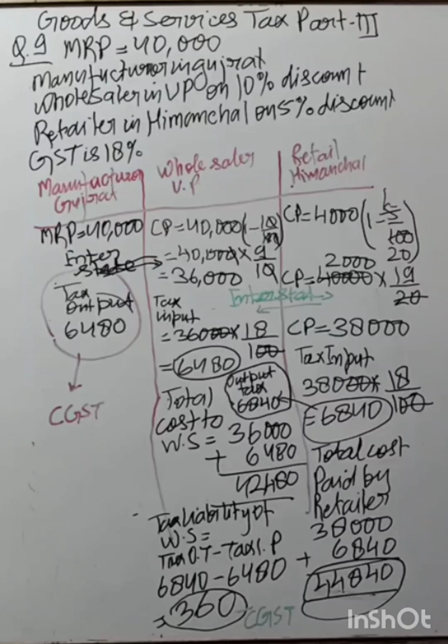The amount inclusive of tax under GST paid by the retailer for the article. 44,840. 49,560. क्या क्या है? फिर से क्वेश्चन क्या है? The amount inclusive of tax under GST paid by the retailer for the article.